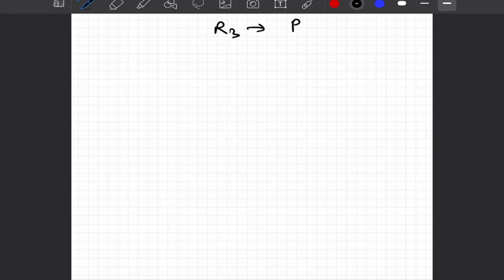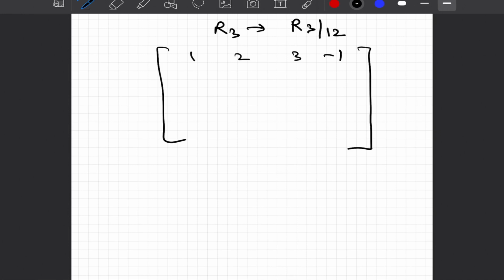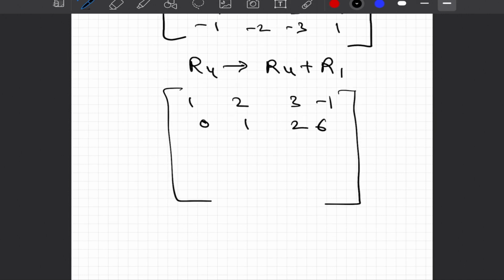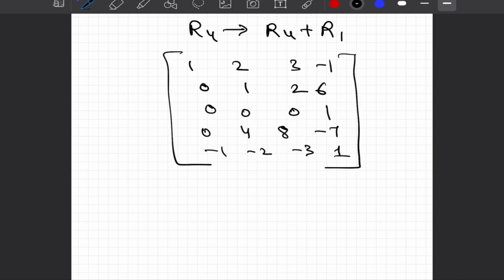Now we can divide R3 by 12. Finally, we can say R4 equals R4 plus R1. And finally, we will do R4 equals R4 minus 4R2.